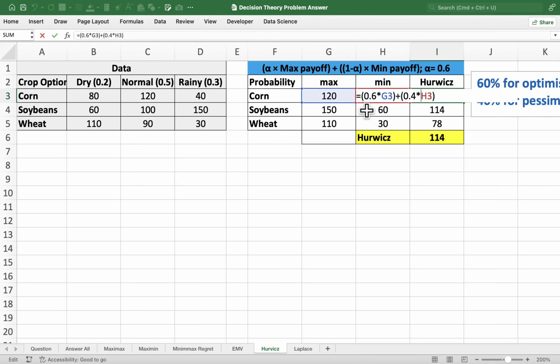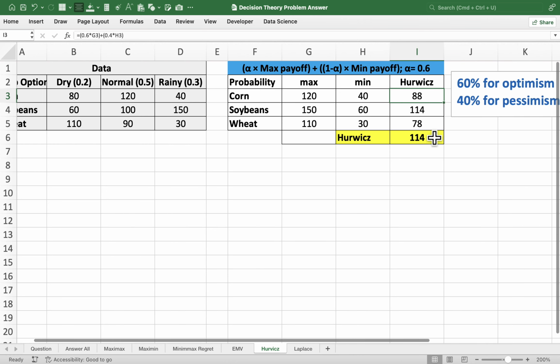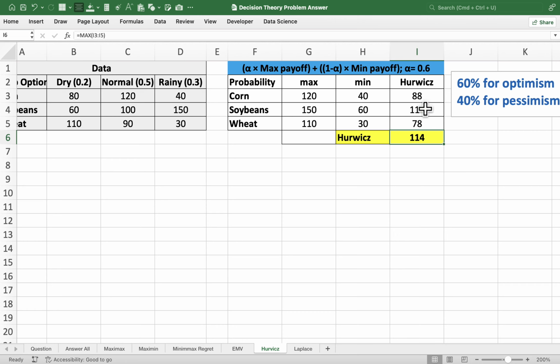So I'll be using this formula, which means maximum value multiplied by 60% plus the minimum value multiplied by 40%, and that gives us 88. Using the same formula, we calculate the Hurwitz value for other alternatives. And in the last step, we choose the highest of these three values. So using this formula, the maximum of these three is 114. When using this criterion, our answer will be soybeans.